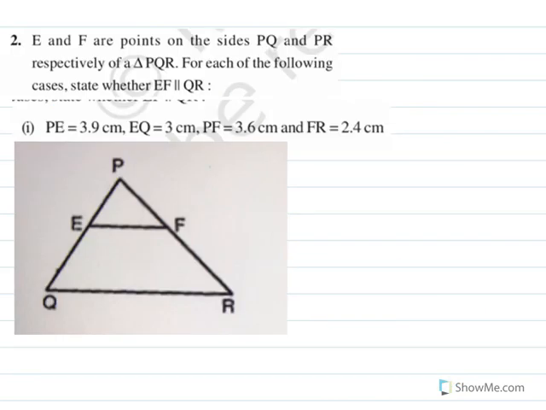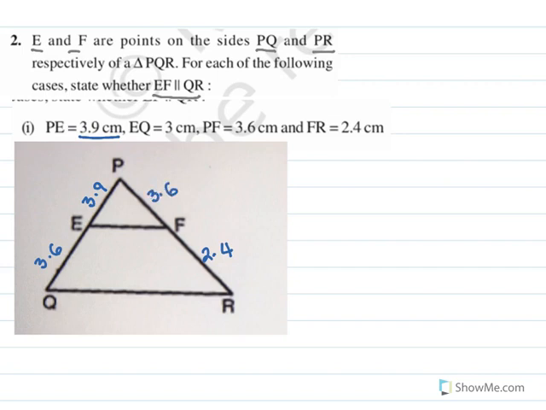E and F are points on sides PQ and PR respectively of a triangle PQR. For each of the following, state whether EF is parallel to QR. Now in the first case, PE is given as 3.9, EQ is 3.6, now FR is 2.4 and PF is 3.6.